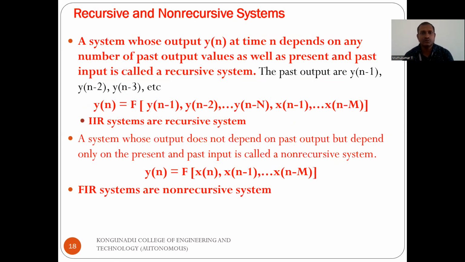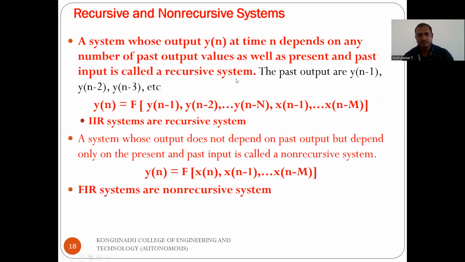Next is recursive and non-recursive systems. A system whose output y(n) at time n depends on any number of past output values as well as present and past inputs is called a recursive system.